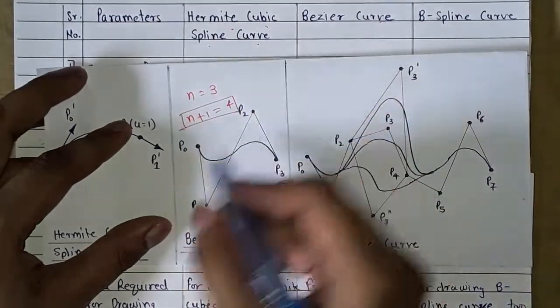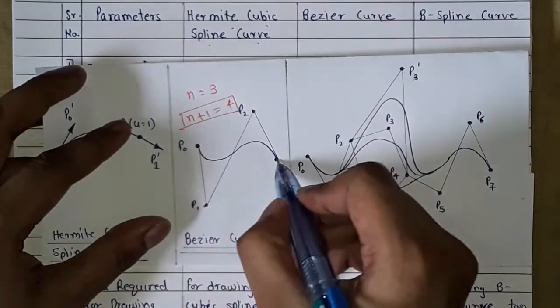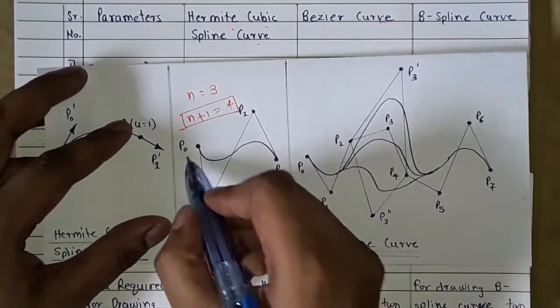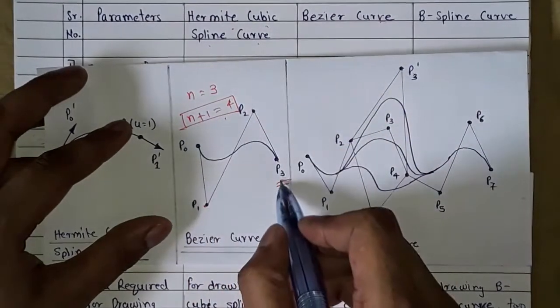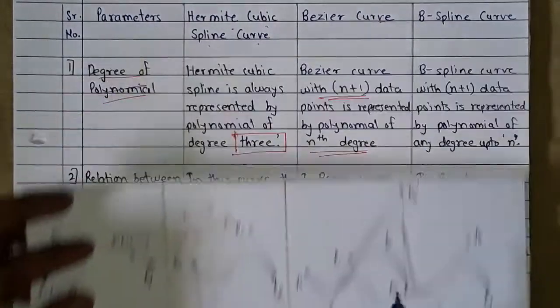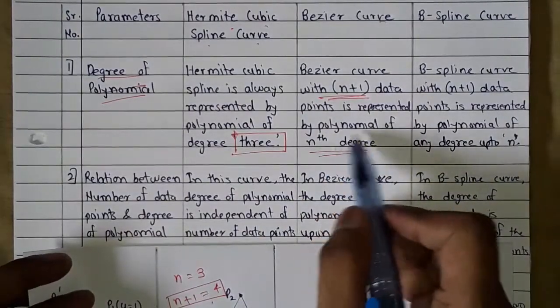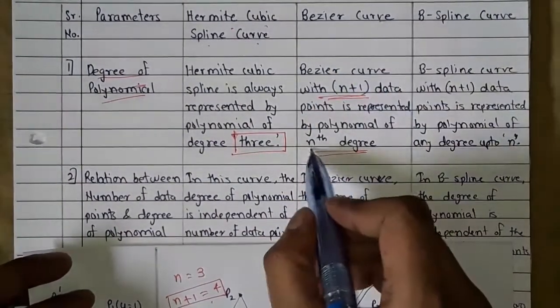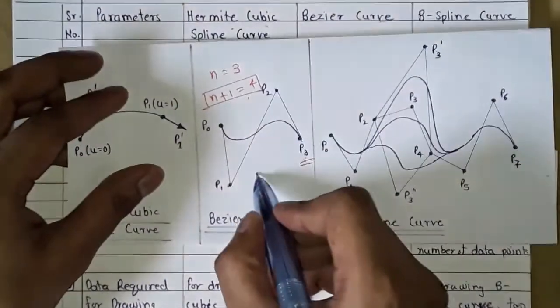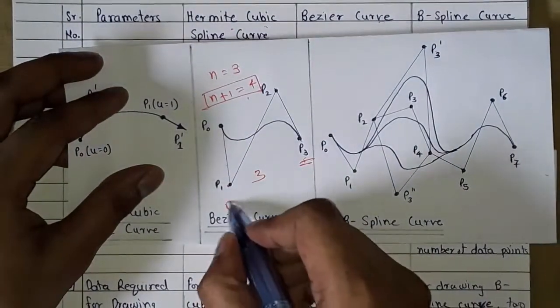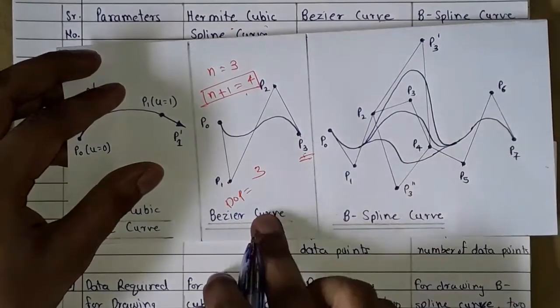Data points means these points. There are a total of 1, 2, 3, 4 data points, and the degree of polynomial is 3 here. The degree of polynomial we take for Bezier curve is nth degree, so in this case it is 3 degree.